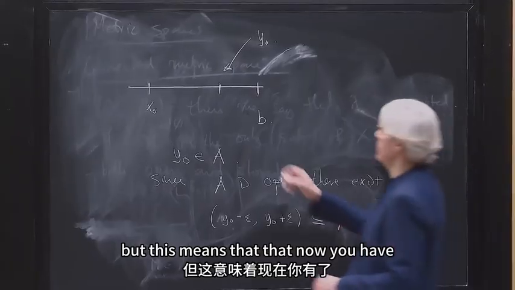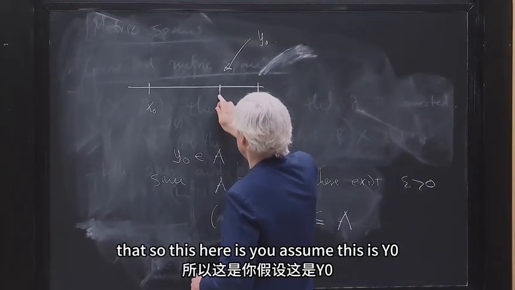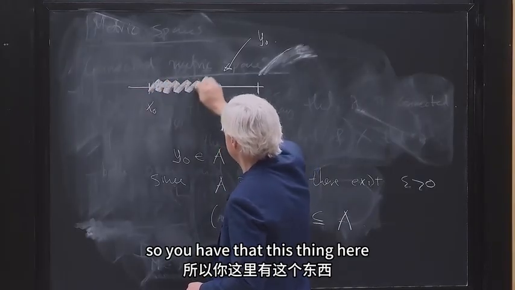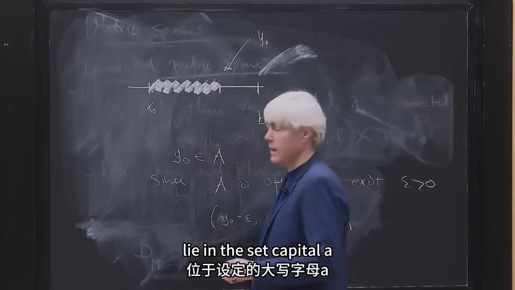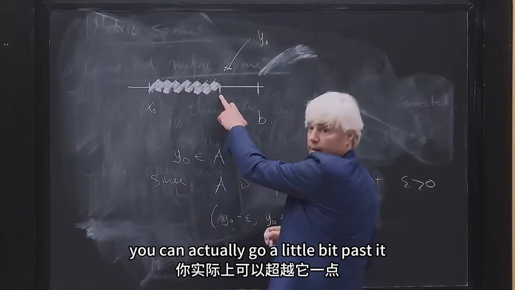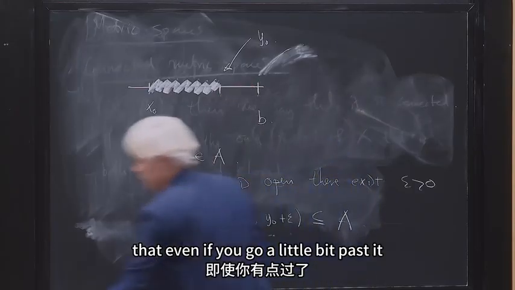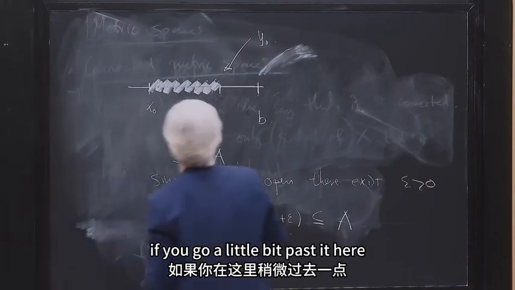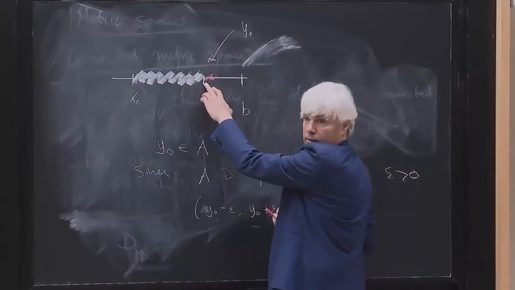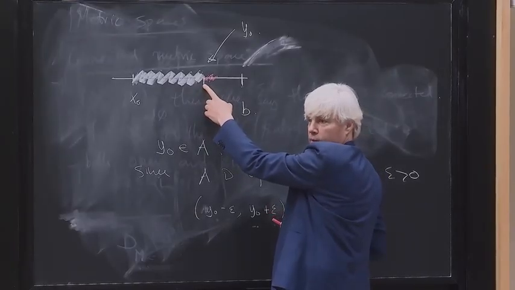But this means that this here is y0, which lies in the set capital A, and this guarantees that you can actually go a little bit past it. Even if you go a little bit past it, these points are still in A. So this could not be the sup.